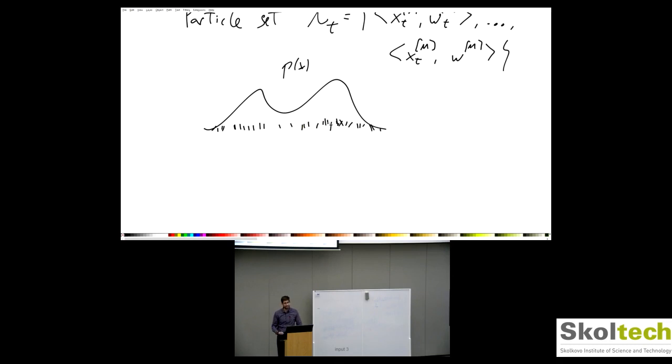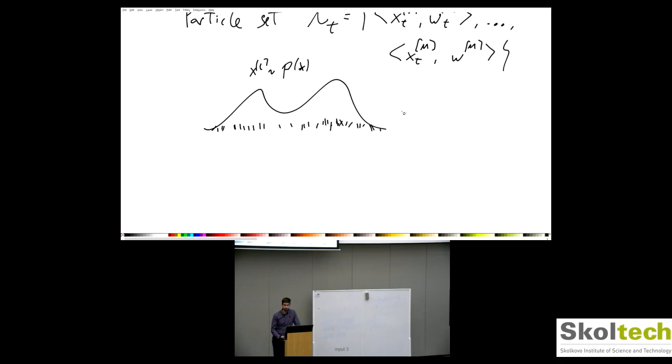And at the end, if we have enough of them, by the law of large numbers, basically these will converge exactly to the distribution, right? So if you sample enough of these particles from this distribution, at the end you will have the representation of the distribution that we are looking for. So it's very powerful, it's very simple, it's not very efficient.